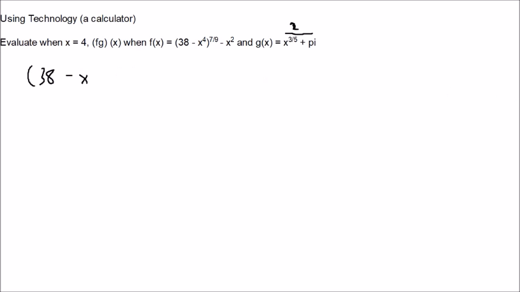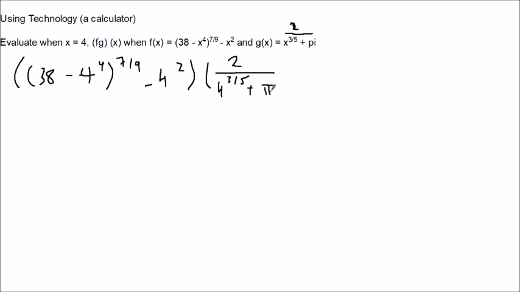38 minus, I'm gonna put everything in because I have to. Okay, 7 over 9 minus 4 squared, and then f times g of x. So put all these in the parentheses. 2 over 4 to the 3/5 power plus pi.